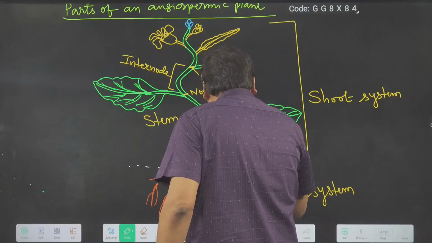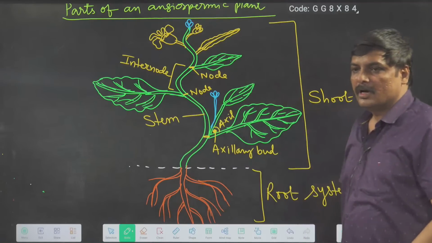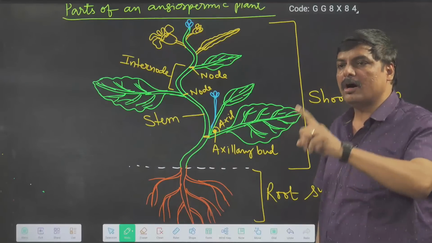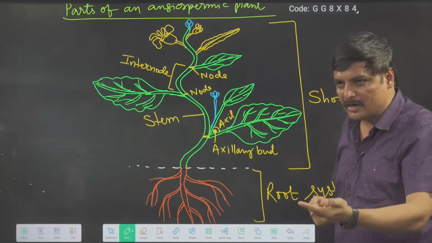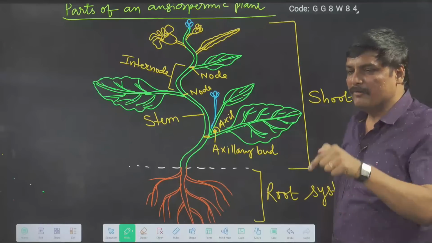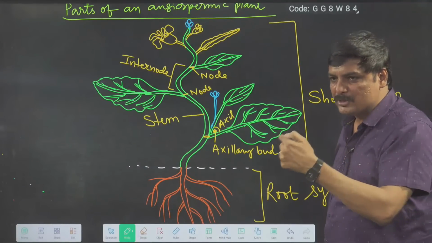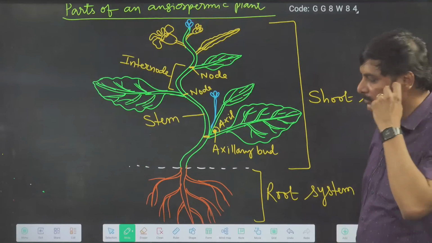This axillary bud usually develops into either a branch or a flower, depending on whether it is a floral bud or a vegetative bud. If it is a vegetative bud, it develops into a branch. If it is a floral bud, it develops into a flower.